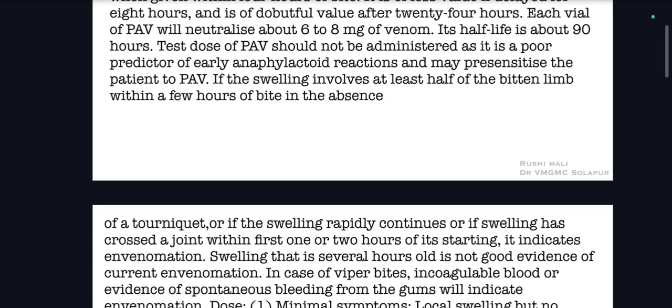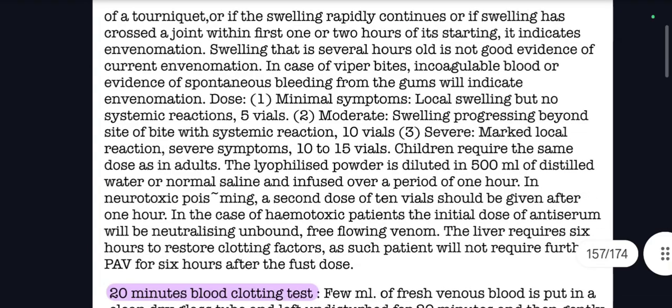That is, the venom has entered the circulation. Swelling that is several hours old is not good evidence of current envenomation. In case of viper bites, incoagulable blood or evidence of spontaneous bleeding from the gums will indicate envenomation.